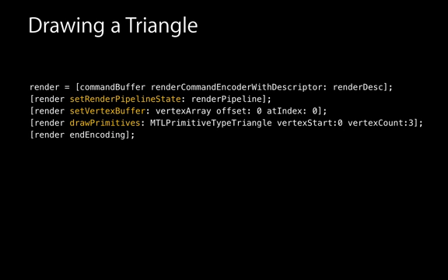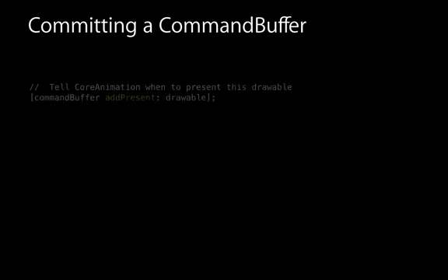So now we've gotten through our third step of drawing the triangle, and now we need to get to the final one of committing the command buffer to the GPU. At this point, we have basically a fully formed command buffer just sitting in memory, idle. The GPU will not start executing until you commit it. Before we do that, though, we want to do one more thing and tell Core Animation when you actually want to present this texture.